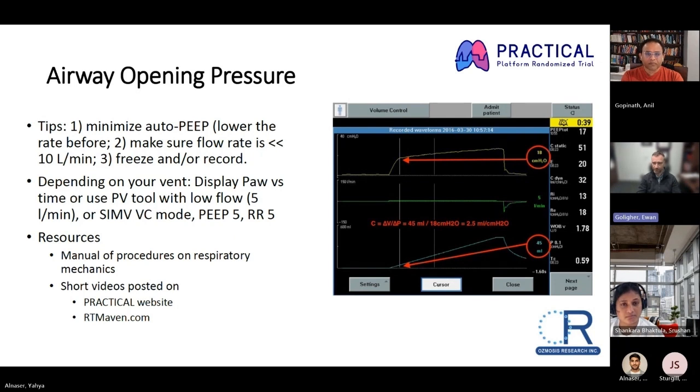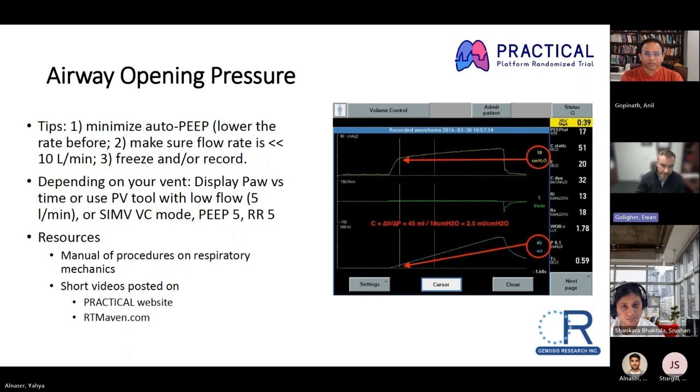They're posted on the platform website so people can refer to them. And then, as I'll mention in a moment, there's a QR code that is printed on a card that you can hang on the side of the ventilator if you want. That rapidly pulls up the training videos so that people can see how these different measurements are done on the ventilator that they're using.